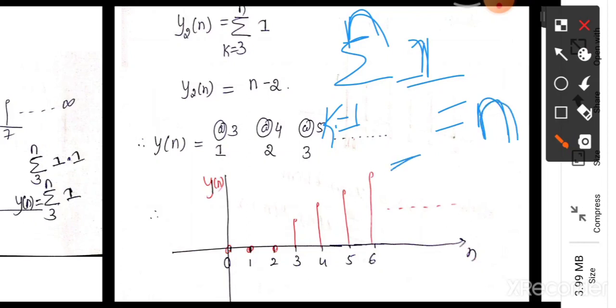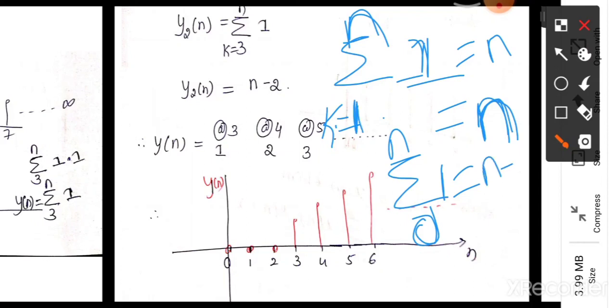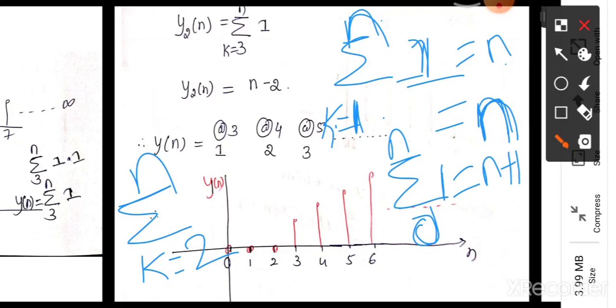Suppose it is from 0 to n of 1, one more value we have added, so we used to take n plus 1. Suppose k is equal to 2 to n: 1 to n was n, and 2 to n means one element you have subtracted, so the answer is n minus 1.